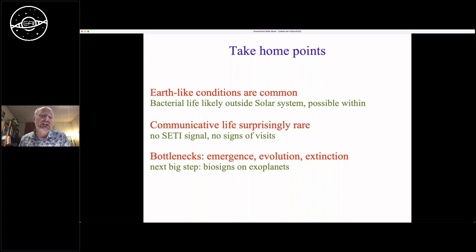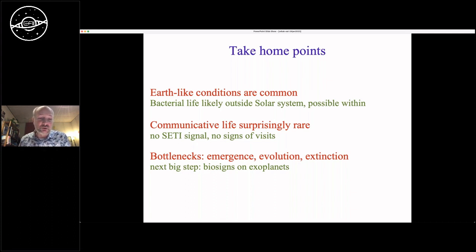Could be that only very few habitable planets are in fact inhabited. That's one possibility. It could be that on most planets life doesn't evolve that far, right? And a third possibility is that extinctions are common. So maybe we are just very lucky here on Earth that no extinction has completely wiped out all the life on Earth.